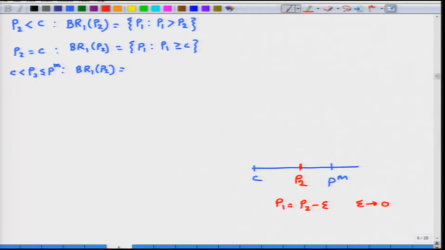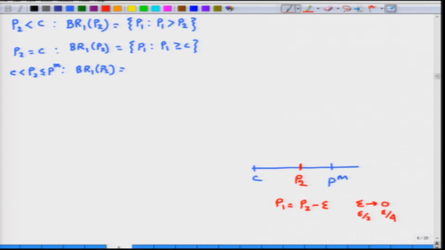The problem for us though is that because prices are real numbers here, if I choose an epsilon, I can come up with some other epsilon which is even closer to P2, which will still be sufficient to undercut firm 2, capture the entire market demand and increase my profits even more, right. So, if I choose epsilon, I can go to epsilon by 2, then thereafter I can choose epsilon by 4 and get even closer to P2.